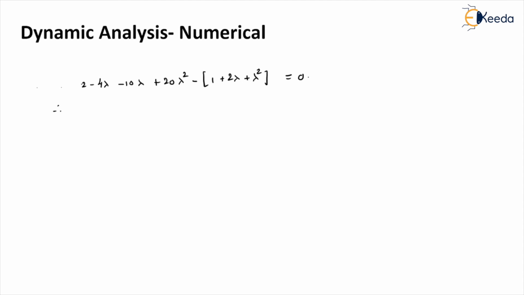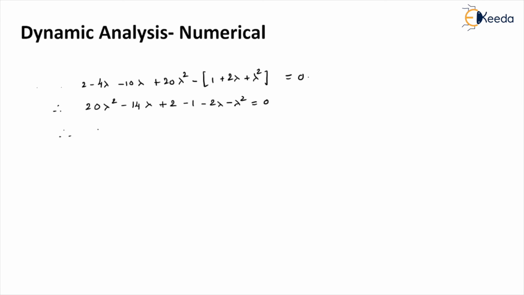So if we calculate this value, we will get 20 lambda square minus 14 lambda plus 2 minus 1 minus 2 lambda square is equal to 0.